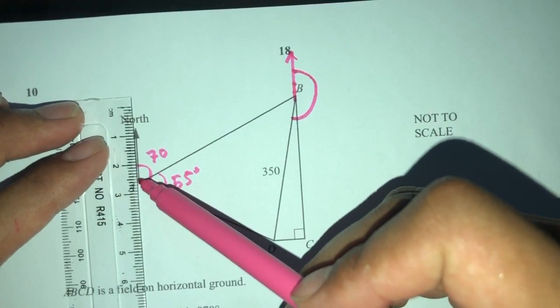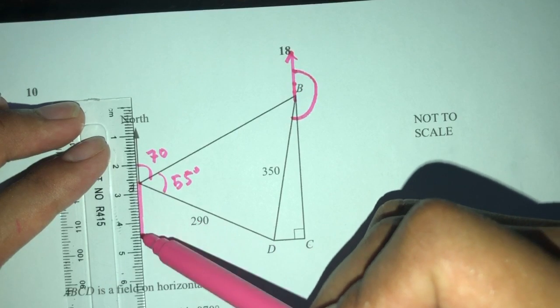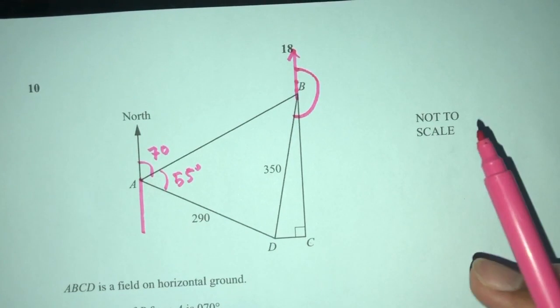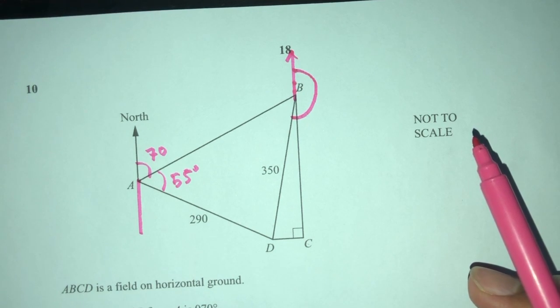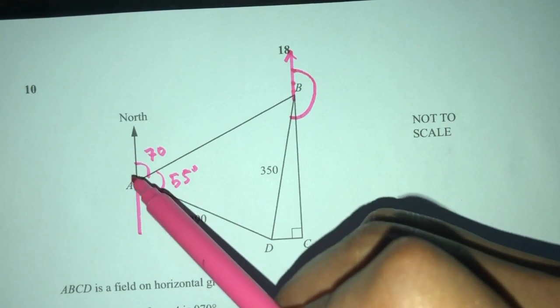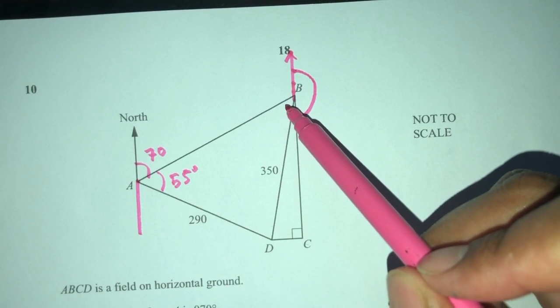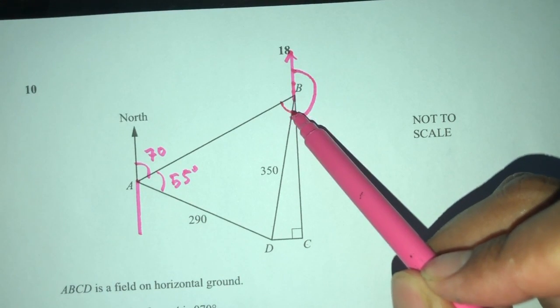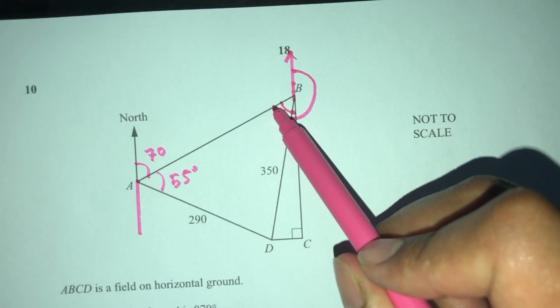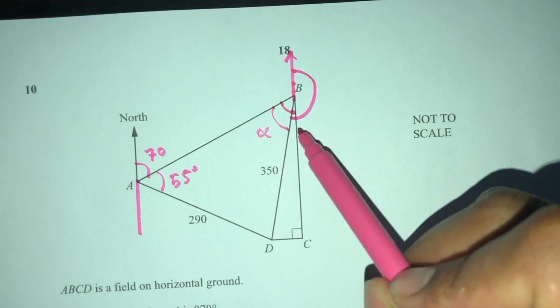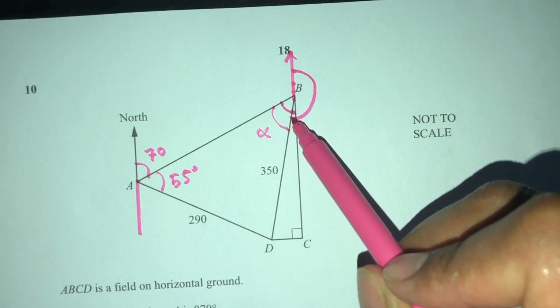Let's continue this line and this line. By alternate angles, if this is 70, this also has to be 70. So this whole thing has to be 70, which means if you find this one right here, which we call alpha, we should be able to find this angle here and hence our answer.